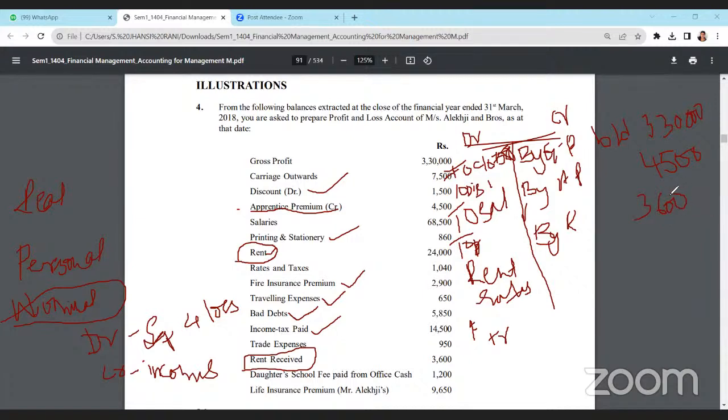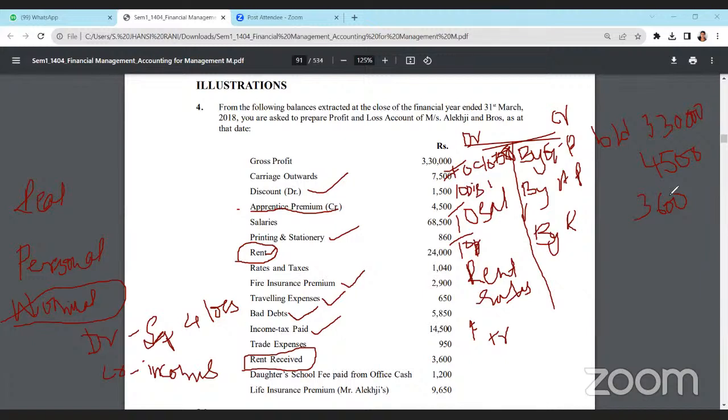Now, the point comes here. Daughter's school fee paid from cash. What are we doing here? We are taking cash from the office cash. It's a drawings. Anything taken for personal purpose is called drawings. So drawings should be taken from the capital only. Why? Because capital means, my dear students, do you know what is capital?